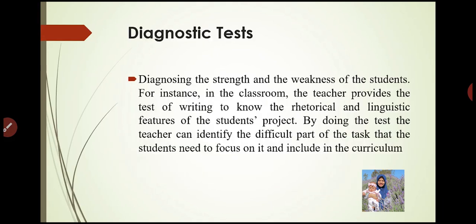Next is the diagnostic test. Diagnostic means diagnosing the strengths and the weaknesses of the students. For instance, in the classroom, the teacher provides a writing test to know the rhetorical and linguistic features of the student's project. By doing the test, the teacher can identify the difficult parts of the task that the students need to focus on and include them in the curriculum.